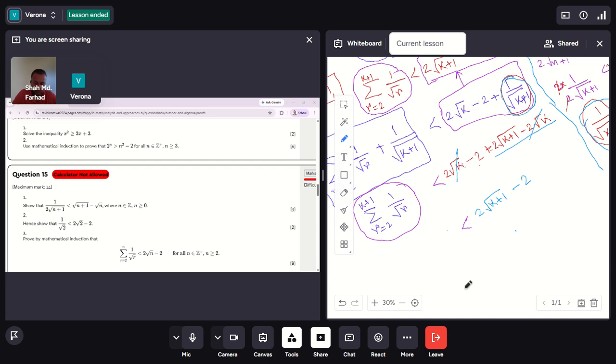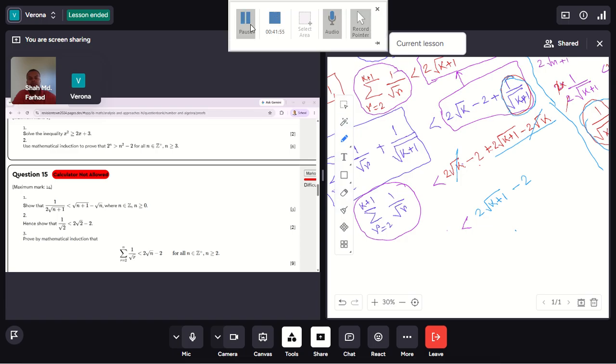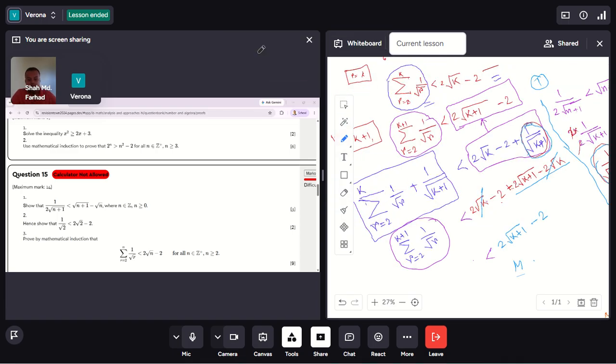Copy this one. If you need reasoning in some questions, then you will get marks for that, but if you miss the reasoning part, then you will not get the marks for reasoning.